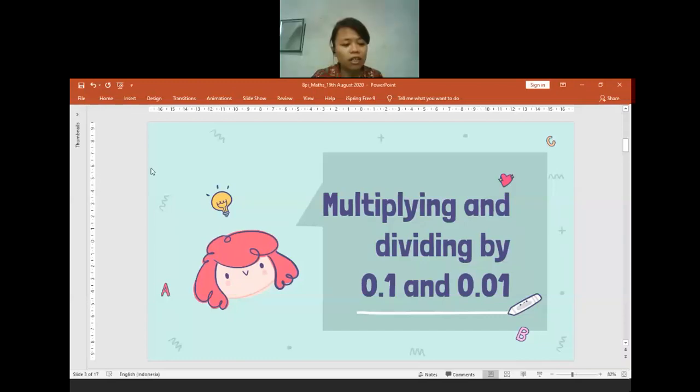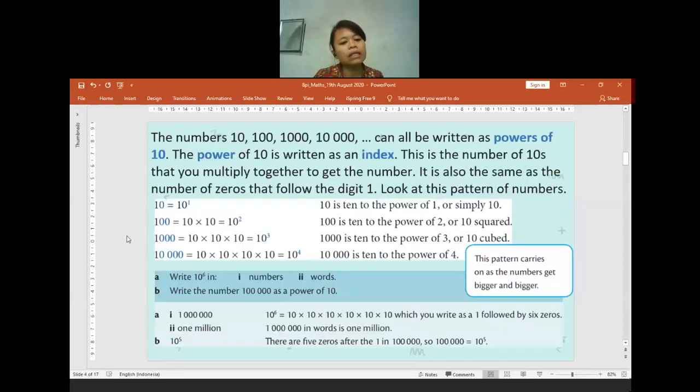Okay, now let us continue for multiplying and dividing the numbers by 0.1 and 0.01 in here. You still remember the power of 10, so 10 to the power of 1 will be 10, 10 to the power of 2 will be 100, 10 to the power of 3 will be 1000. So the number of the power will tell how many zeros are in the result. So in here we have 10 to the power of 6.